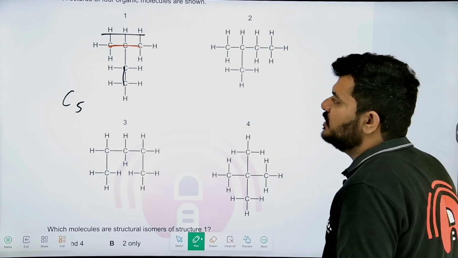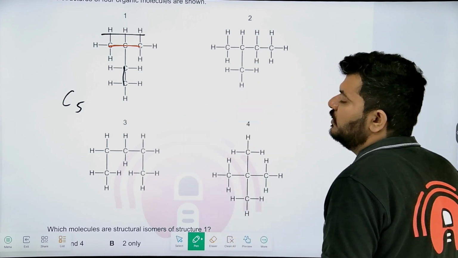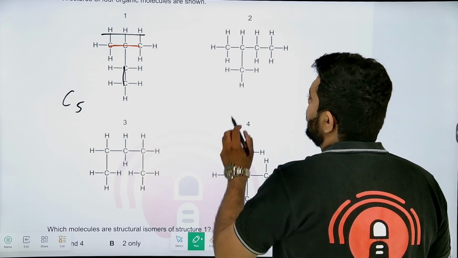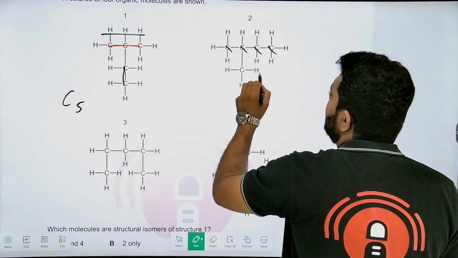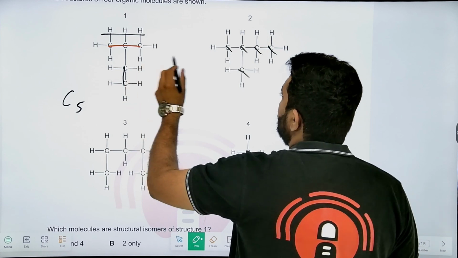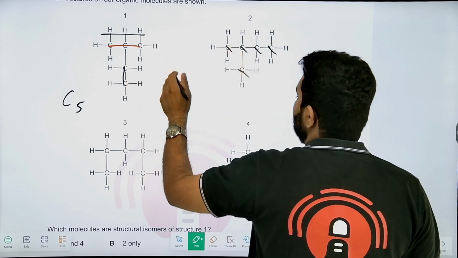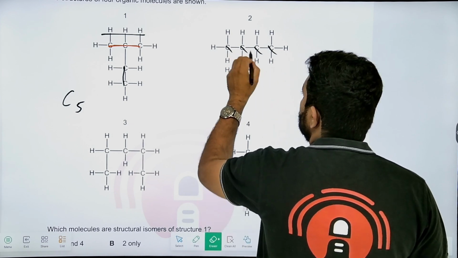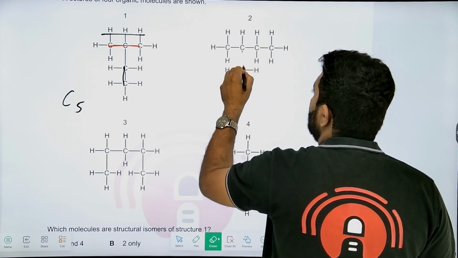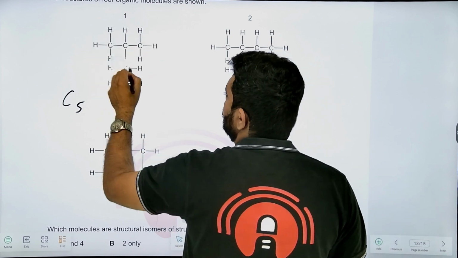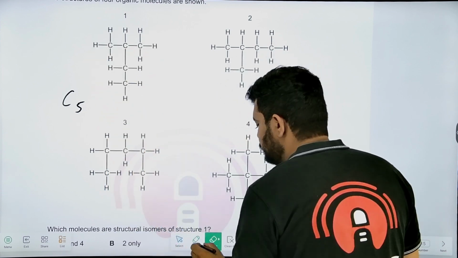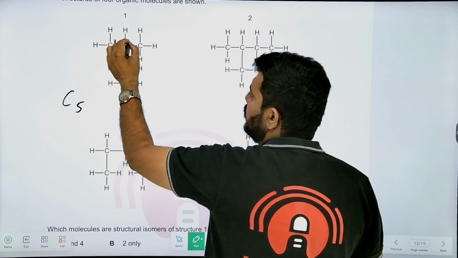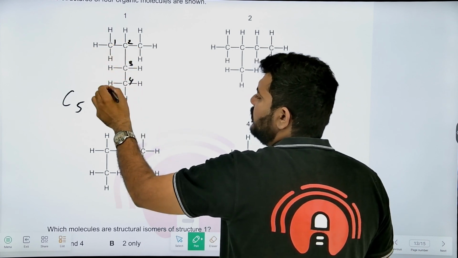So what are we searching for? We are searching for C5. Okay, so 1, 2, 3, 4 and 5. Now here what has happened? On the second carbon, right? Let me also erase this a little, guys, so it is clear to you what I'm talking about. Let's name the longest chain as well, and let me teach you naming.